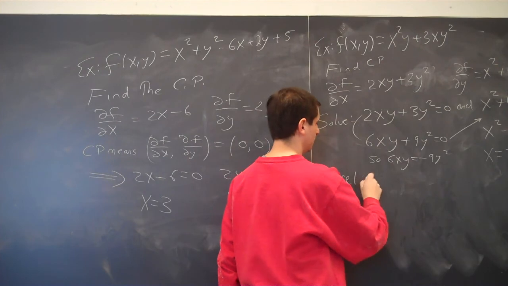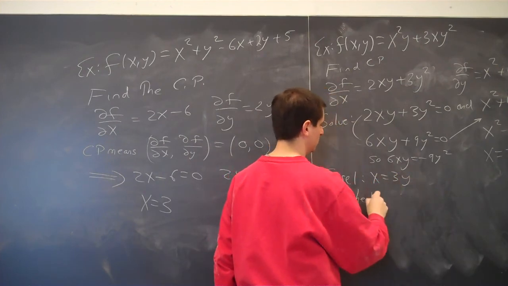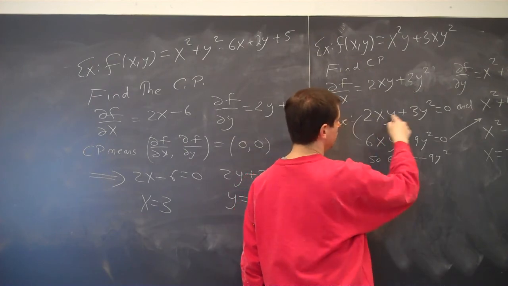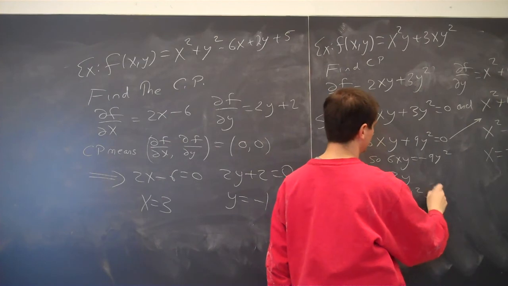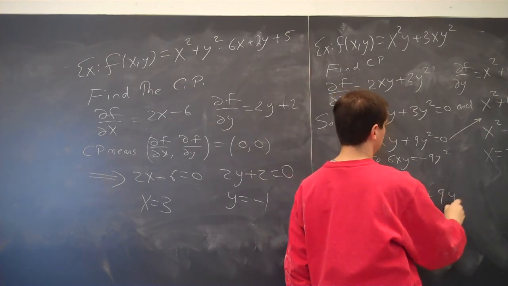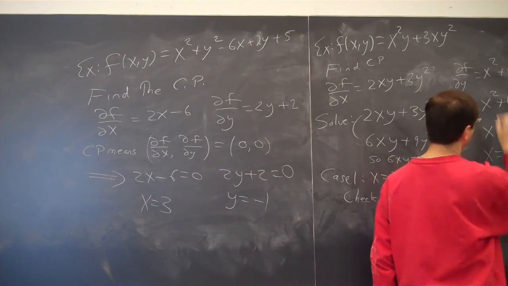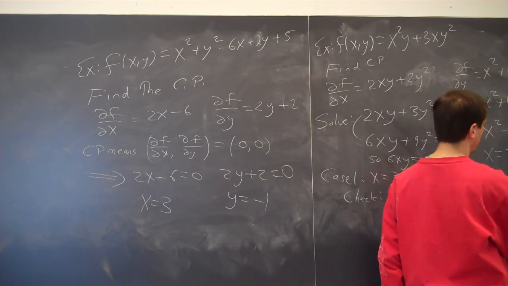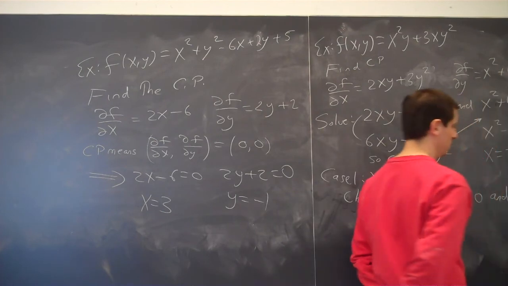Case 1, x equals 3y, we need to check. So now we have, in this equation, we'll get 6y squared plus 9y squared equals 0. And over here, we'll get 9y squared plus 18y squared equals 0.